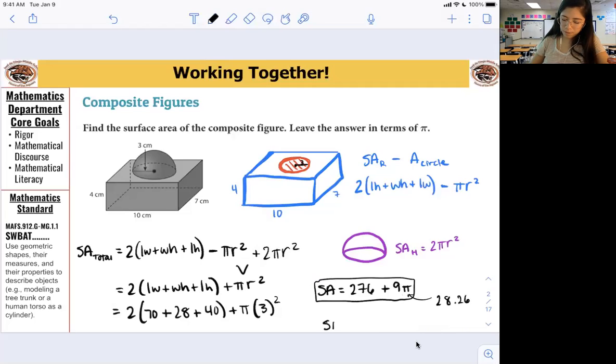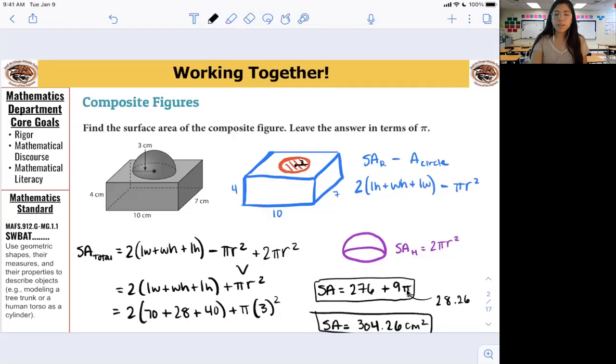So if you don't leave it in terms of pi, and I'm adding 276, you get 304.26 centimeters squared. So if you're leaving it in terms of pi, you can't combine like terms. But if you evaluate it by using 3.14, then you can get your final answer. So any questions on this one?